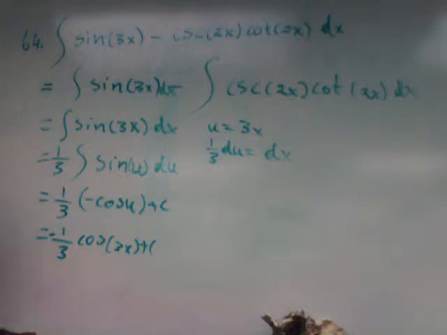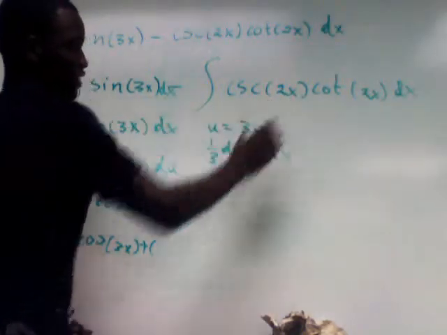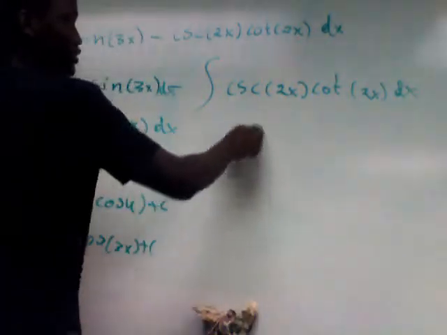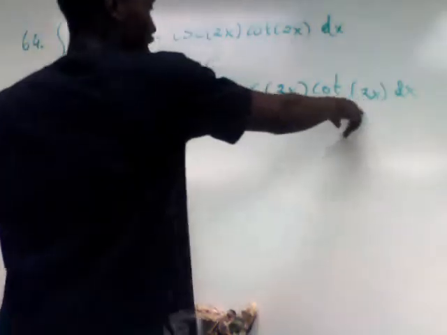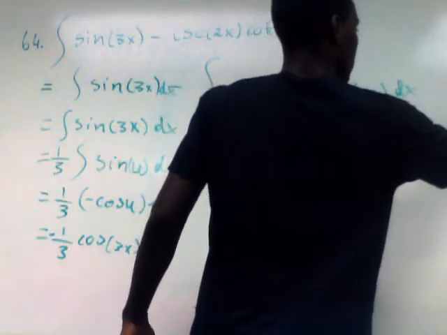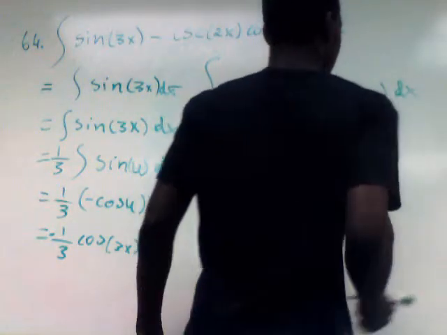Now the next thing that you want to do is integrate the second part right here. For this part, you can also use the u substitution to make cosecant of 2x and cotangent of 2x simpler. So you want your u to equal 2x.